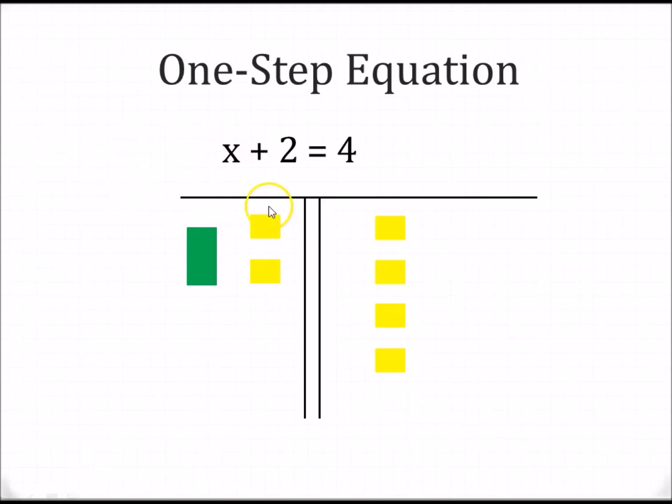So what we want to do is have x by itself. So we have to bring this right here over to the other side of the equal sign. I'm going to bring both of those, 1, 2, to the other side of the equal sign, and because they crossed over the equal sign, they're going to have to change sign from positive to negative.